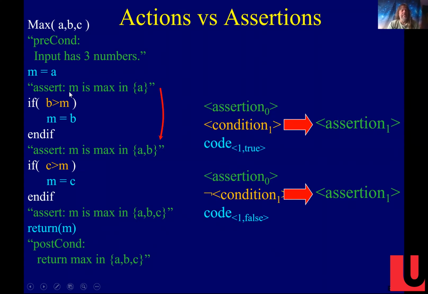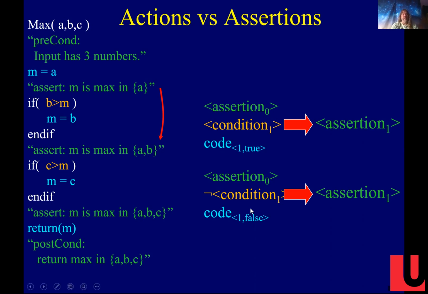And then I prove that if M is the maximum of A, and I compare M to B, and if B is bigger, I shift M over to B, that gives me 2 cases, right? After you do this code, in both cases, M will be the maximum of A or B, right? Does that make sense?